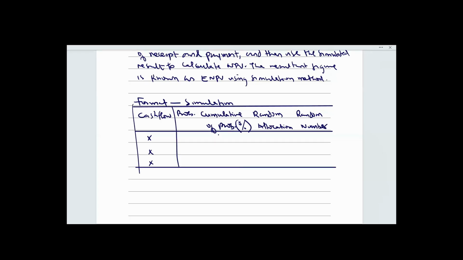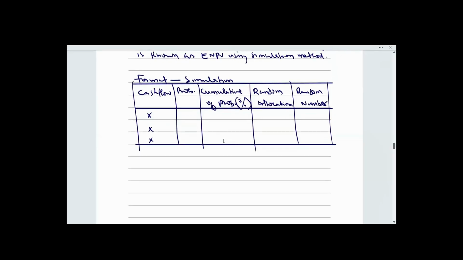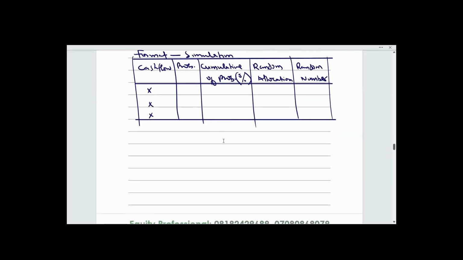Okay, you have your probability. Now, one thing about simulation is that if you are not in the class, you may struggle to understand how you are picking the numbers, because 1 plus 1 is not equal to 2 as far as simulation is concerned. You are picking numbers randomly, on the basis of the random numbers given to you.